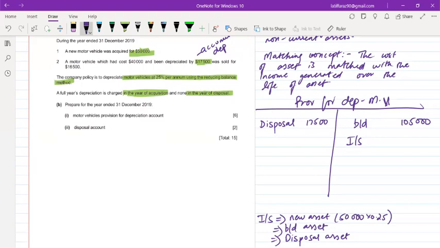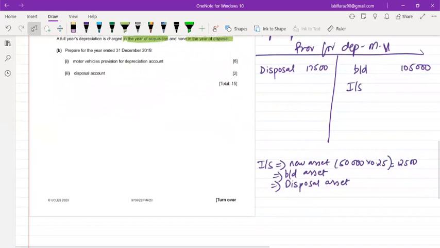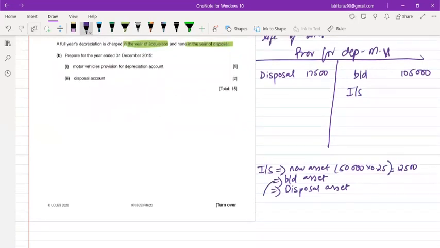We do not have to see the date of the purchase, because the policy is a full year's depreciation charge in the year of purchase. Okay. So the new asset depreciation is 12,500.